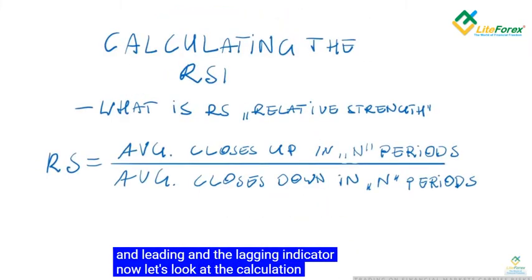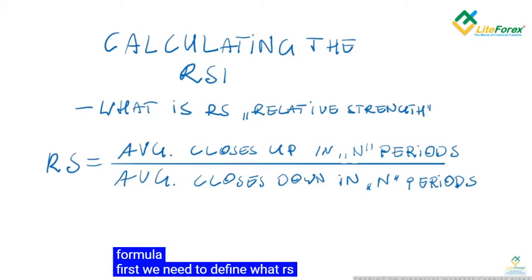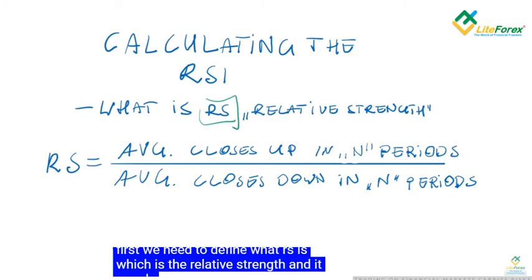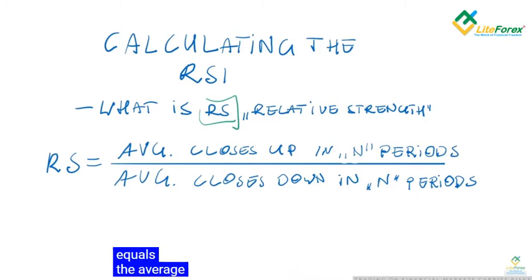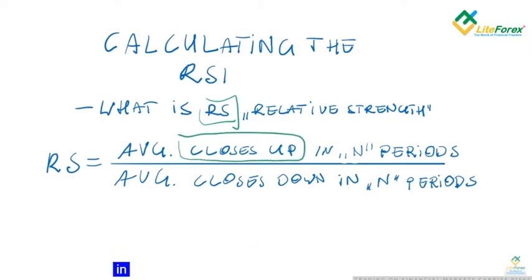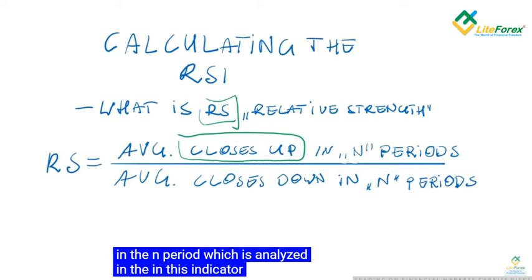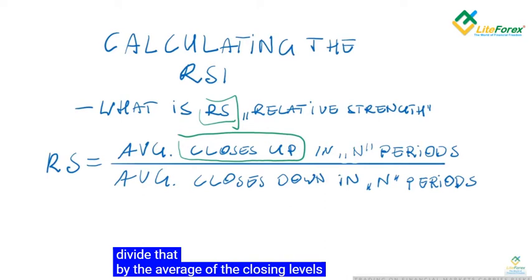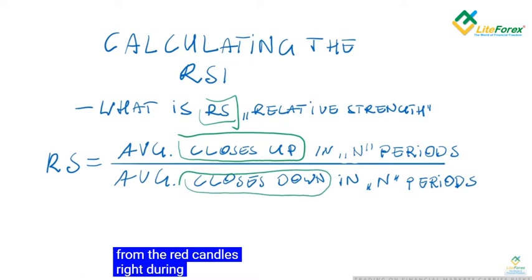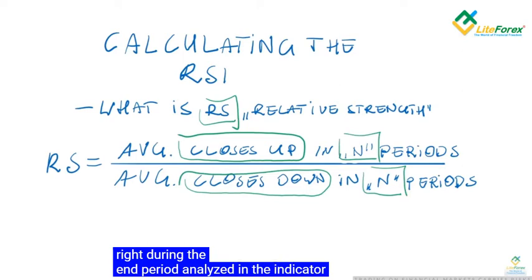Now let's look at the calculation formula. First we need to define what RS is, which is the relative strength, and it equals the average of the closing levels from the green candles in the N period, which is analyzed in this indicator, divided by the average of the closing levels from the red candles during the N period analyzed in the indicator.